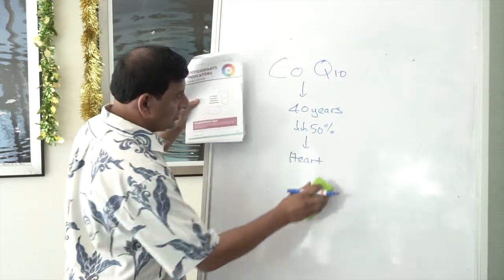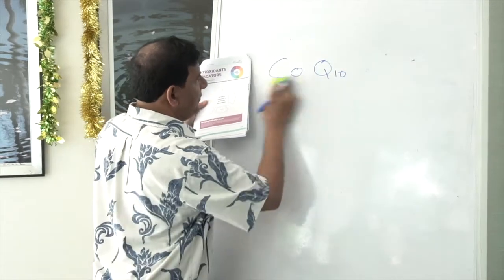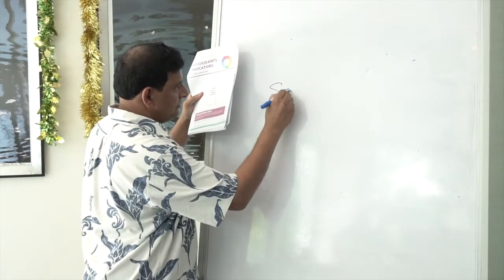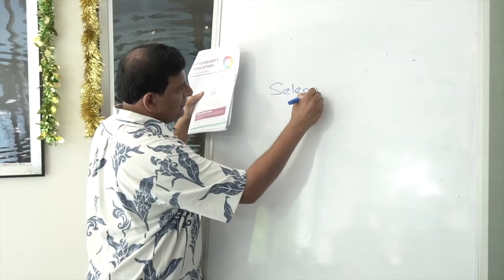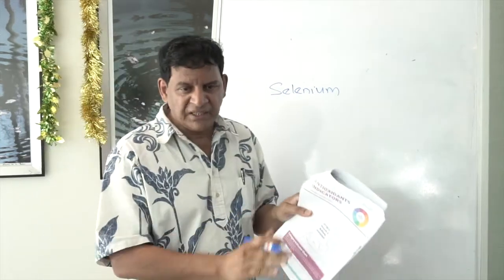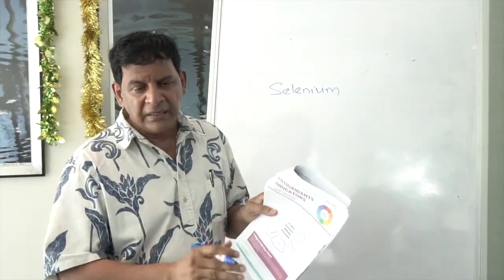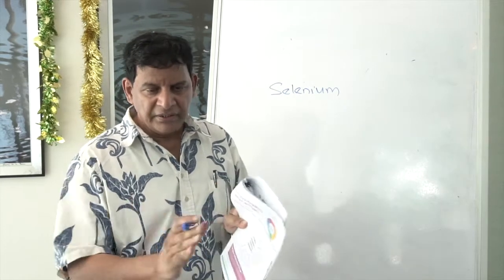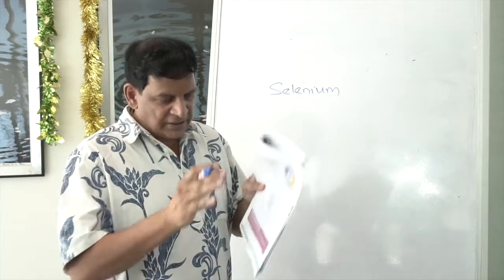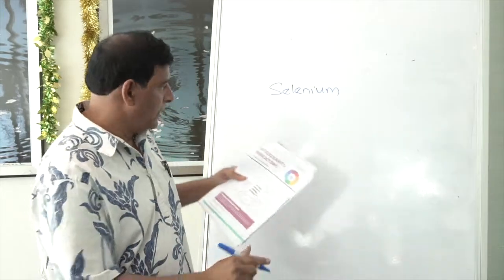Second, the other common factor that I see is selenium deficiency in gut-related problems. All of what I've been explaining for the past half an hour is related to the gut. For the heart, it's a separate meaning. For immunity, it's a different meaning. So this is purely related to the gut.